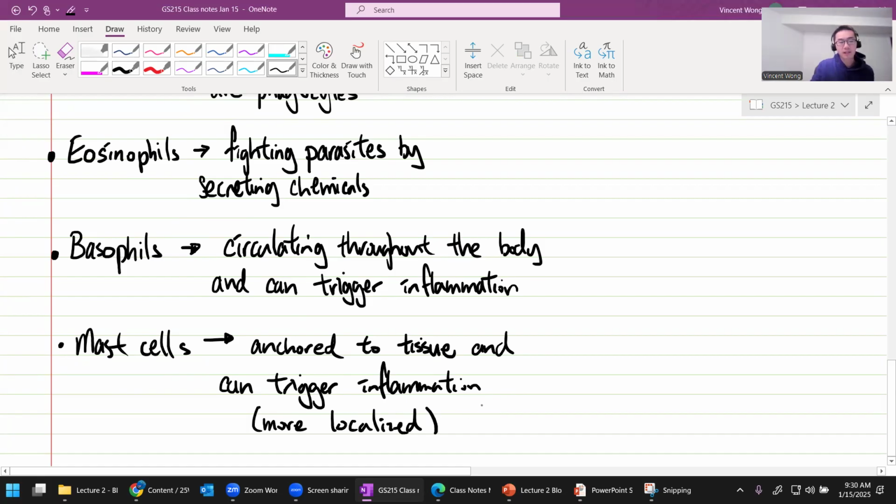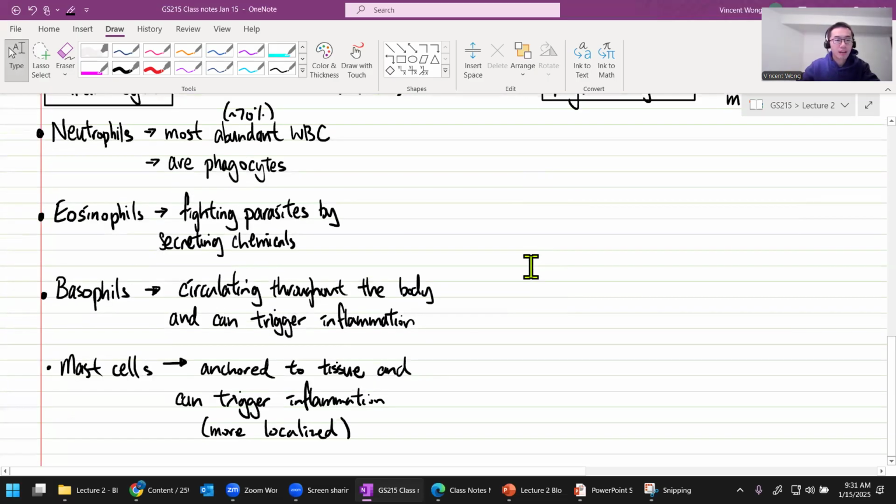Think cutting a finger. You cut your finger, it's gonna be red, it's gonna be pulsating, it's gonna hurt, it's gonna feel warm, might be some swelling to it. That's mast cells. This one, basophils, is more like a systemic, bodily type of inflammation. So there you have it. These are granulocytes. They have various chemicals and enzymes in their granules.